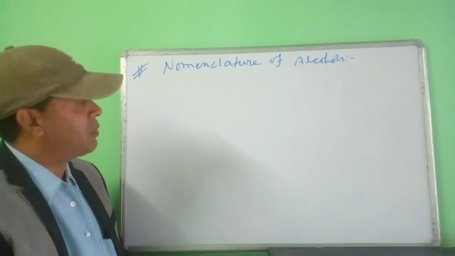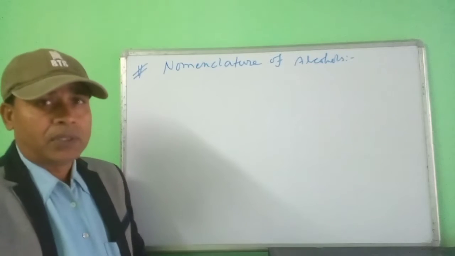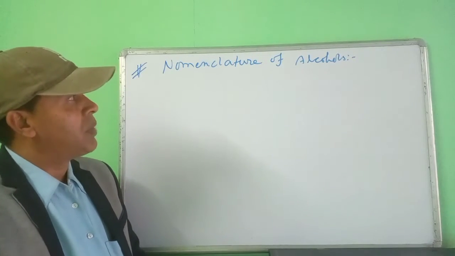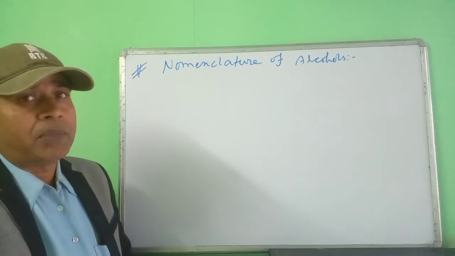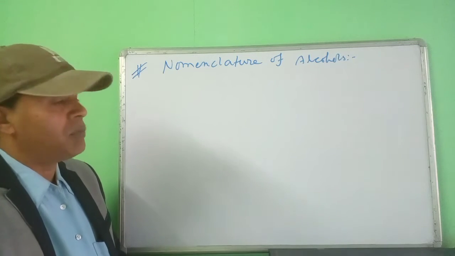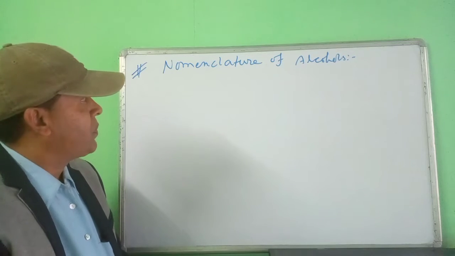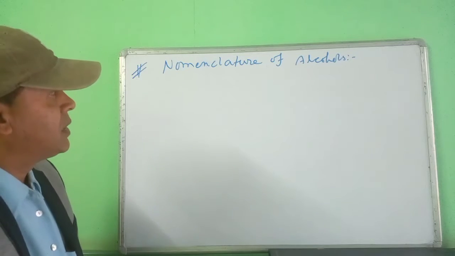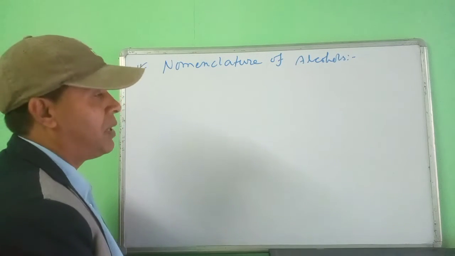Before naming alcohols, we have to remember the IUPAC rules: word root, primary suffix, secondary suffix, and the prefix. We also have to remember the different alkyl groups present in the compound, and which one is written first. Here, the compound has a functional group.